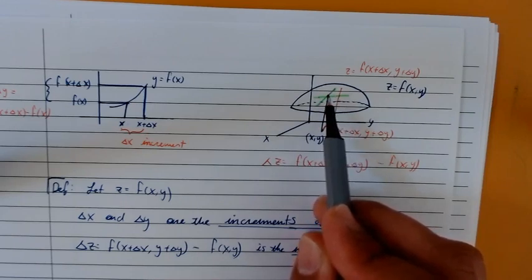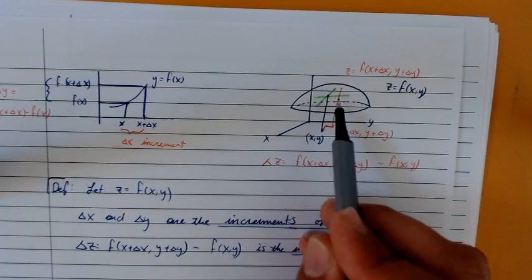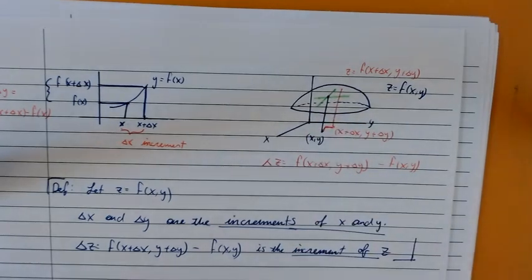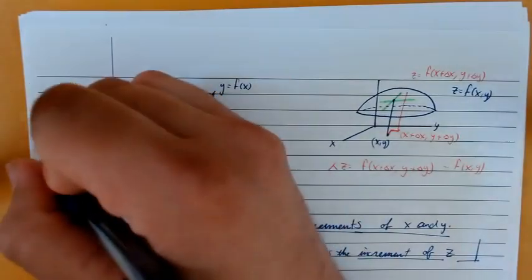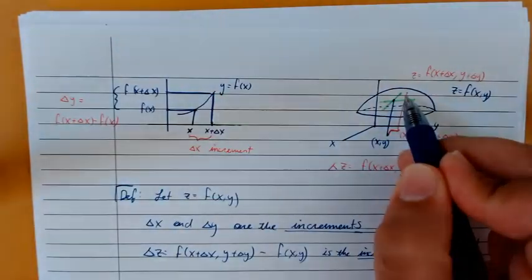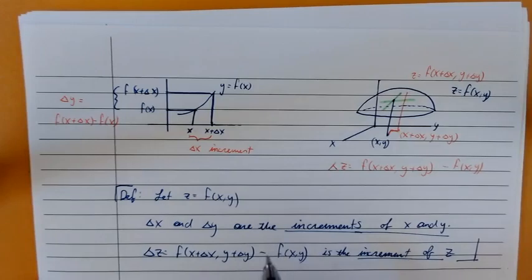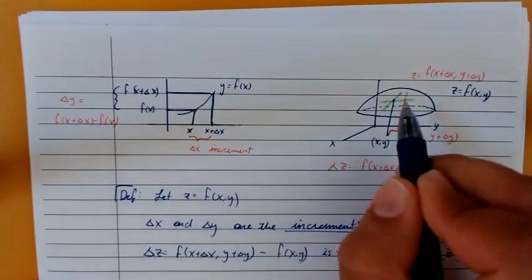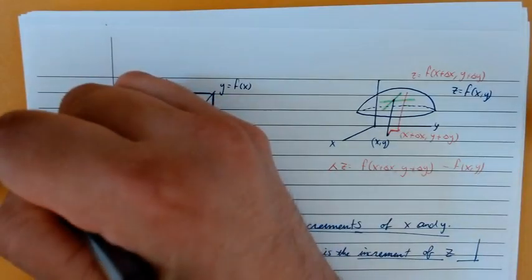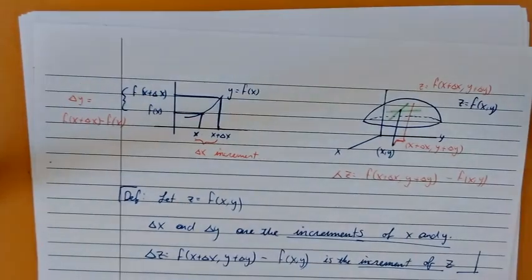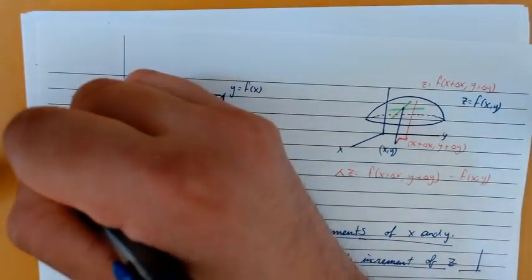Okay, well, if I can figure out how far I ran, then that'll tell me how much I rise, yeah? If you have the little change in z, let's see here. I guess let's just write it in vague terms.